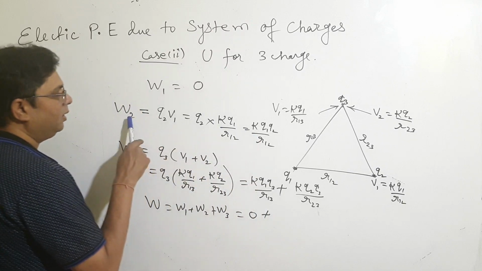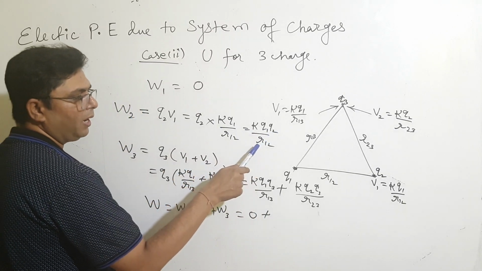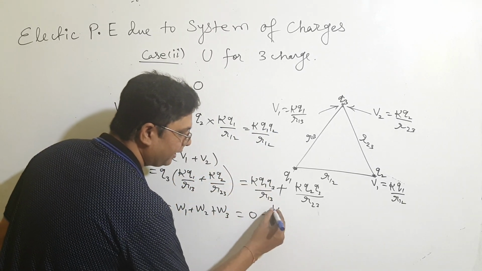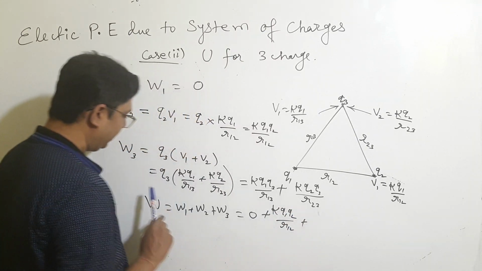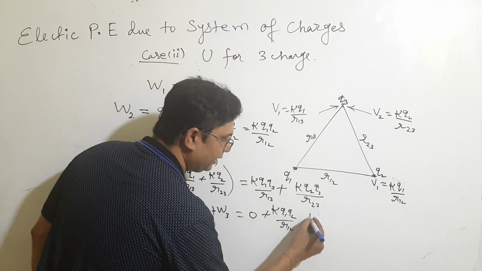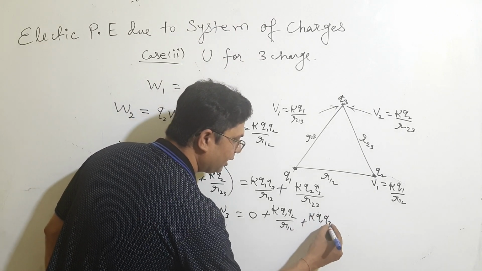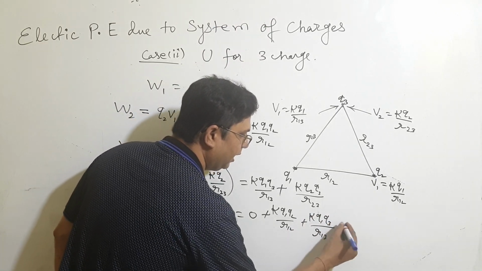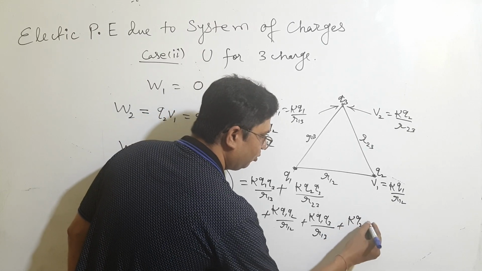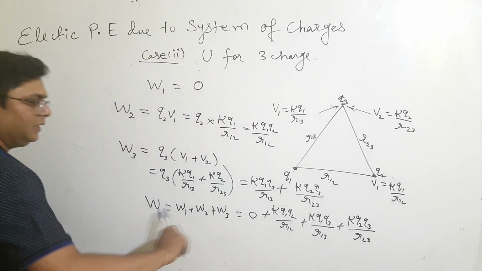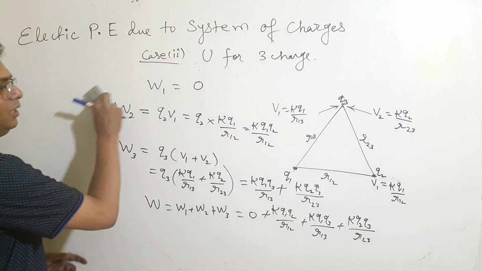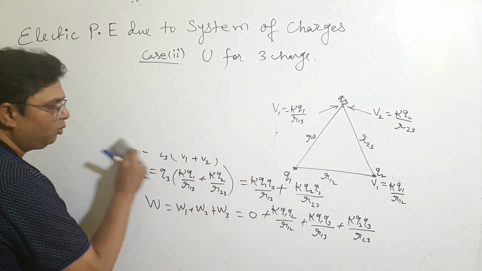W2 is K Q1 Q2 upon R12. W3 is K Q1 Q3 divided by R13 plus K Q2 Q3 divided by R23. This is the work done in bringing three charges from infinity to a point.